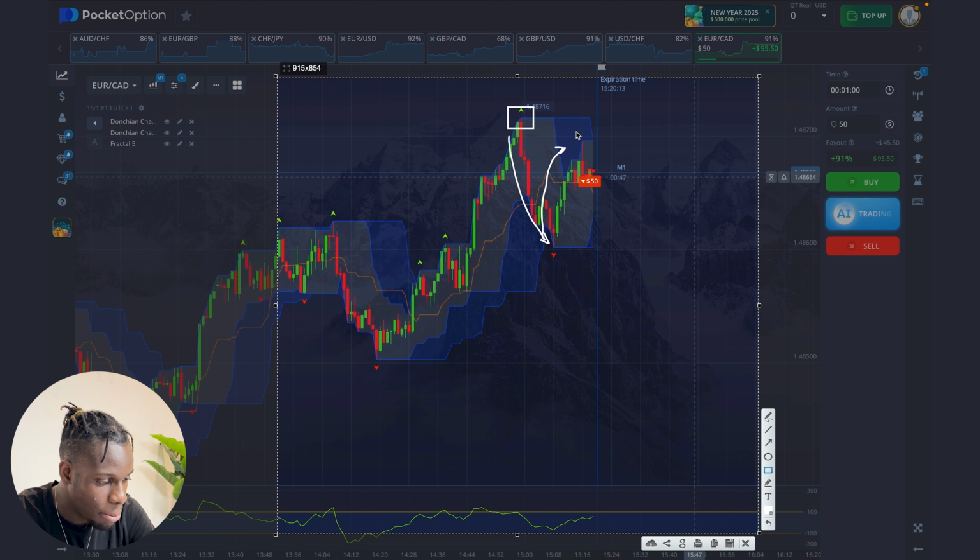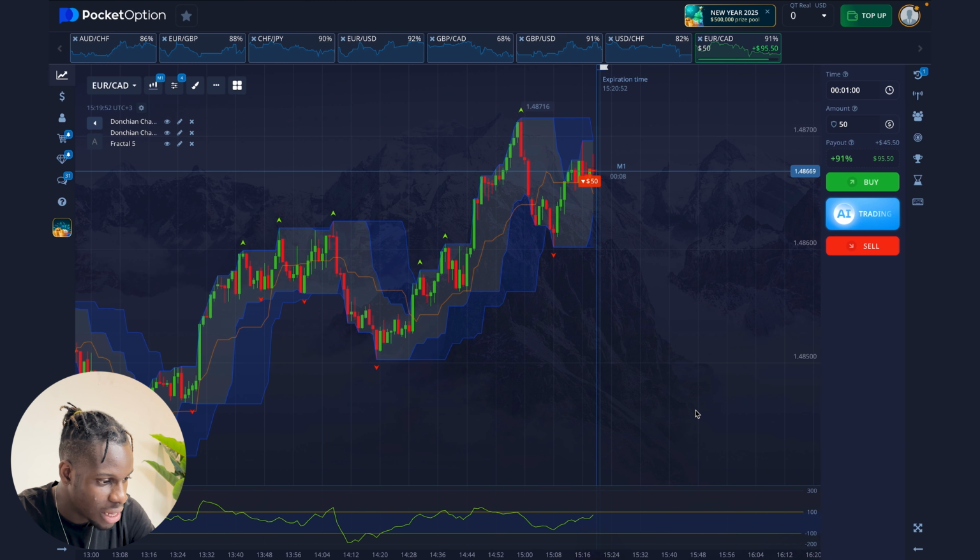But the touch happened on the upper bound of the Donchian channel with a period of 10, as we can see. And this moving line is quite close to the upper moving line. So there's a potential reversal of the price movement here.